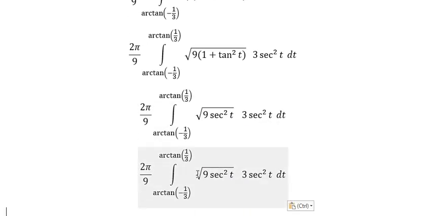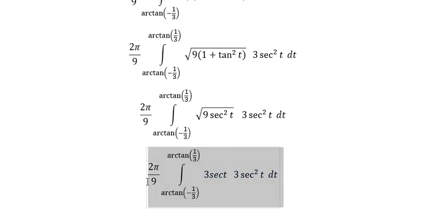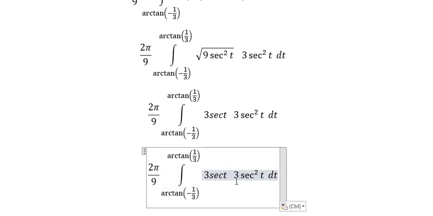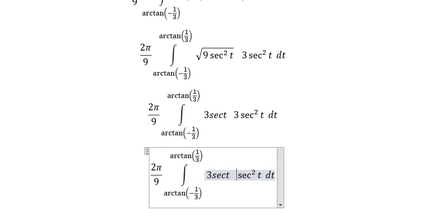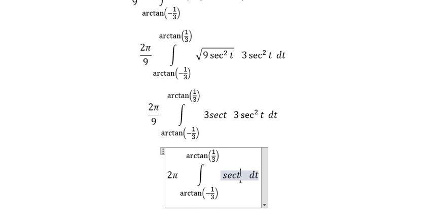The square root of 9 secant squared t, we have 3 secant t. Number 3, we simplify with number 9 in here. Secant t with secant squared t, we have secant t to the power of 3.